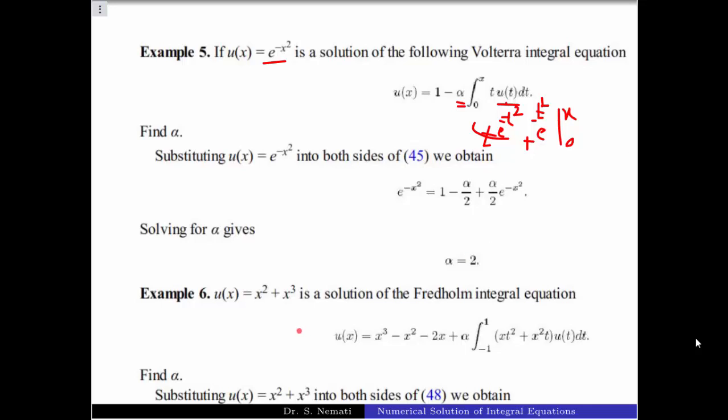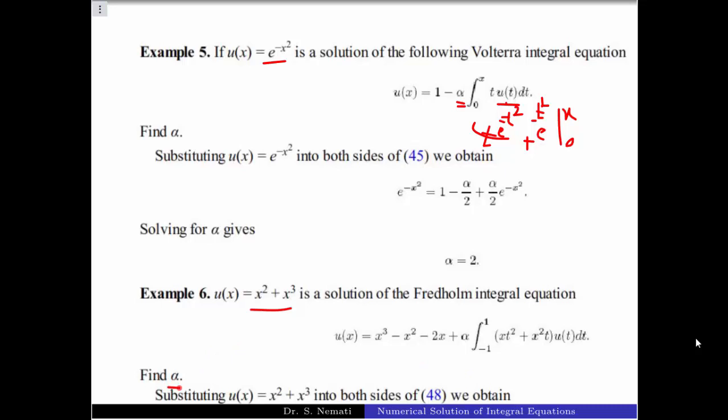Okay. And the next example. In the next example, we want to check that if this function is a solution of this first form integral equation, what the value of alpha is.